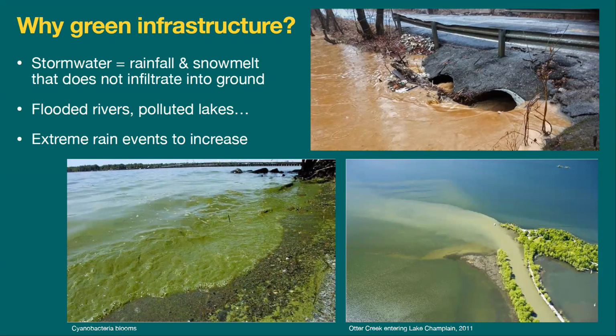And so we are also seeing that increase with more extreme rain events happening more regularly. You can see that very visually, the Otter Creek flowing into Lake Champlain, dropping all those sediments. That was in the, I think, spring floods of 2011.